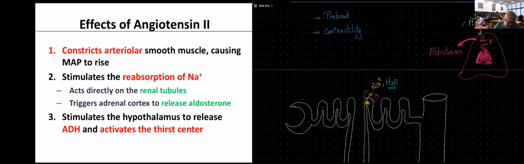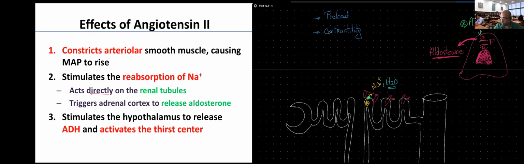It's the angiotensin II. So angiotensin II itself is going to be enhancing the sodium reabsorption, and at the same time, it stimulates the release of aldosterone, which will also be enhancing the sodium reabsorption back to the blood vessels. So I have 2 ways by which I am stimulating the reabsorption of the sodium.